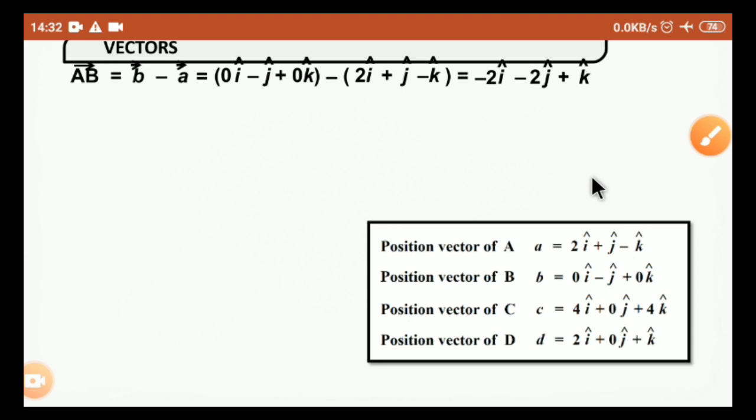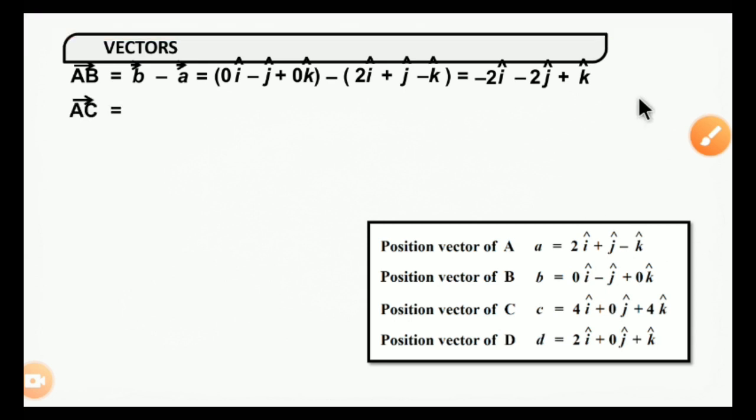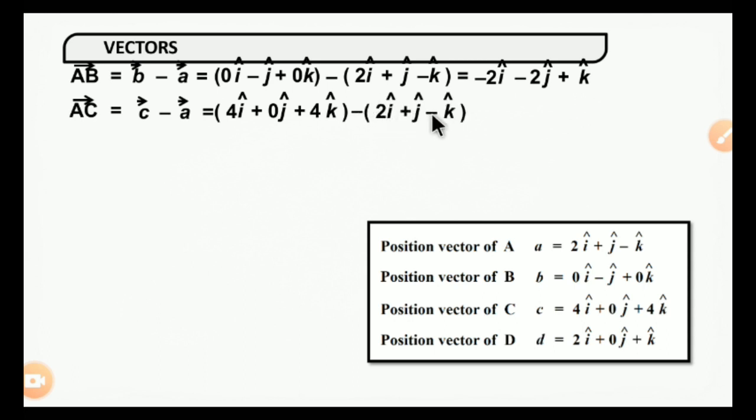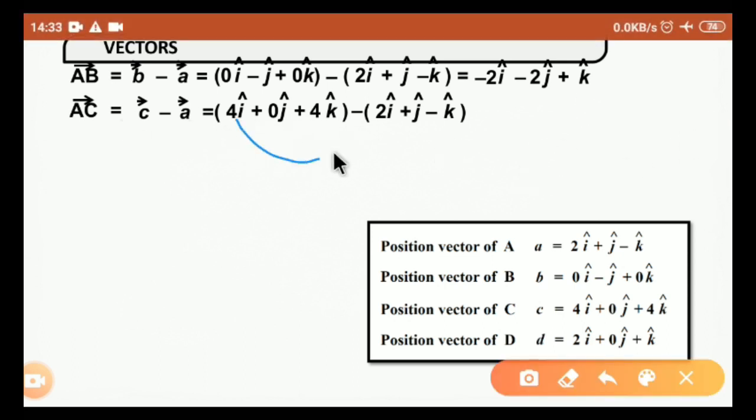Like that here we can find out AC also. AC will be C minus A. This will be equal to 4i plus 0j plus 4k minus into the bracket of 2i plus j minus k, and on subtraction, see here we have to subtract 4 minus 2, and similarly 0 minus 1 and 4 minus of minus 1 means 4 plus 1.